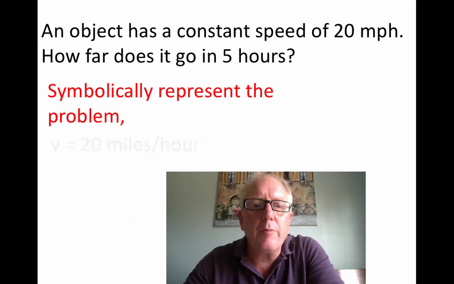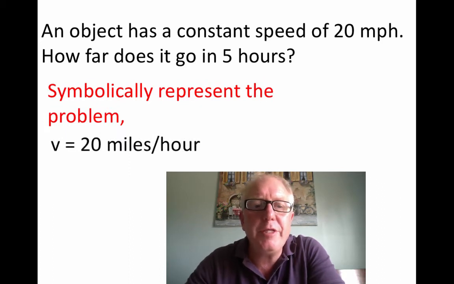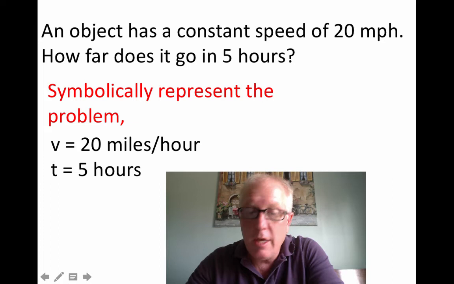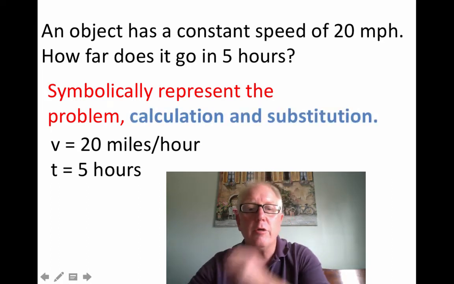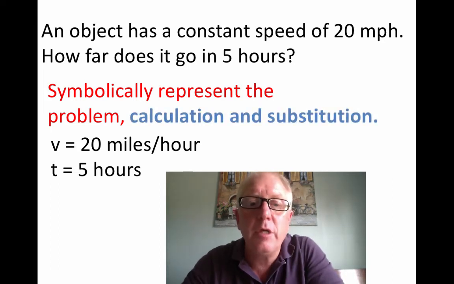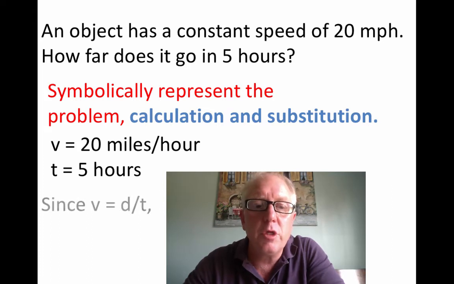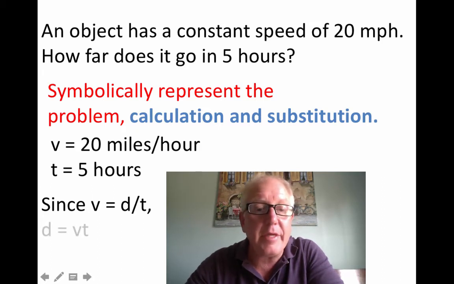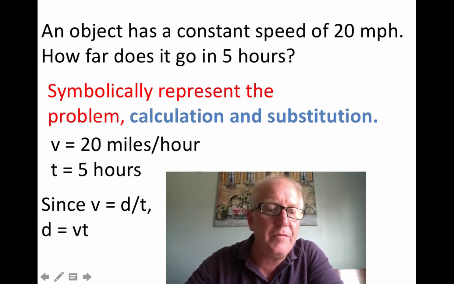Okay, so first the problem, symbolically, there's the speed, 20 miles per hour. There is the time, the 5 hours. Those were what they call the givens. That information was given to you. I'm also writing down here the calculation and the substitution. So V is equal to D over T is what we've discussed before, and that means D is equal to VT.